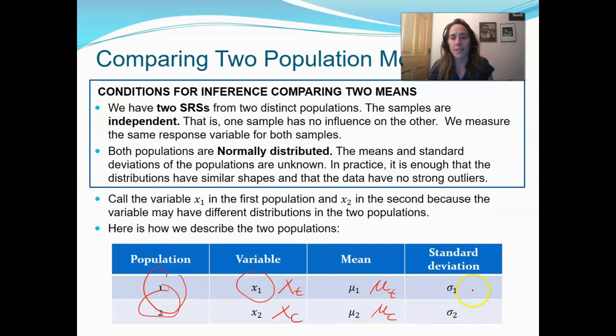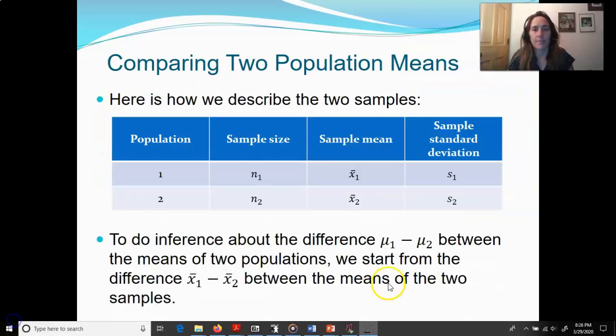Standard deviations are sigma sub 1 and sigma sub 2, or sigma sub t and sigma sub c. And you can see here we've got our sample standard deviations s sub 1 and s sub 2. To do inference about the difference mu 1 minus mu 2 between the two means, we start from the difference between the two sample means, as we've said before.